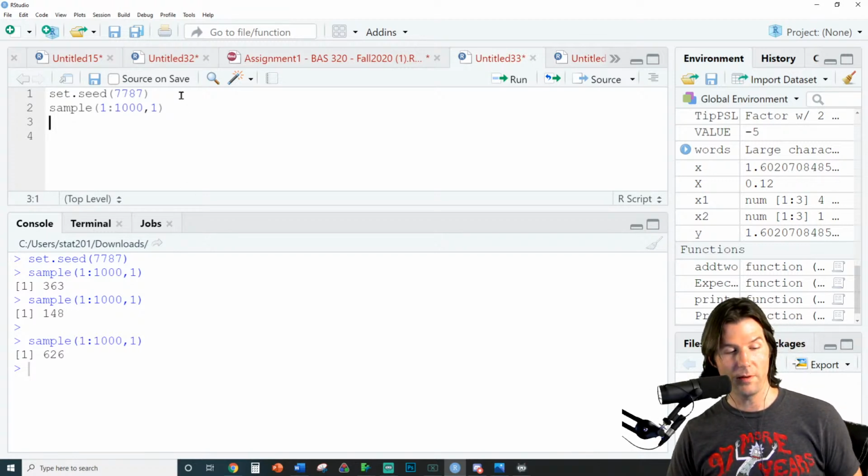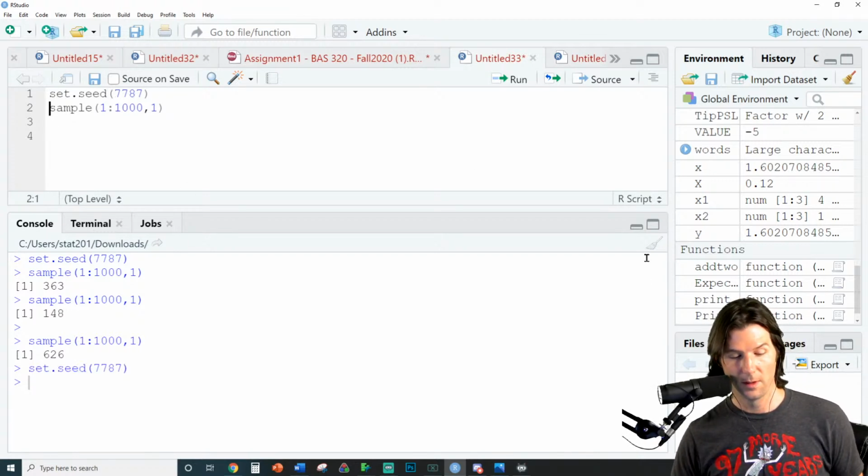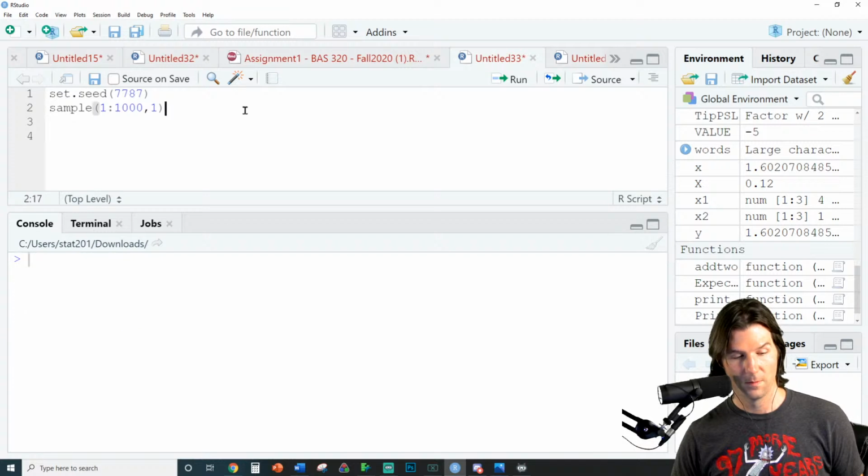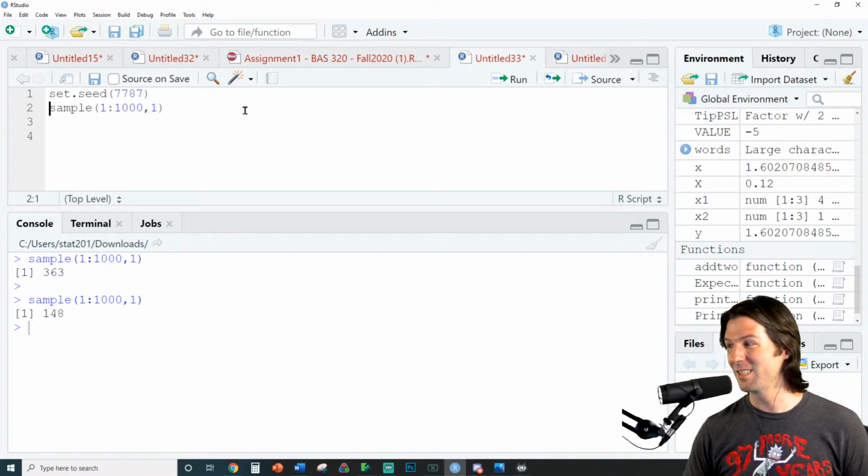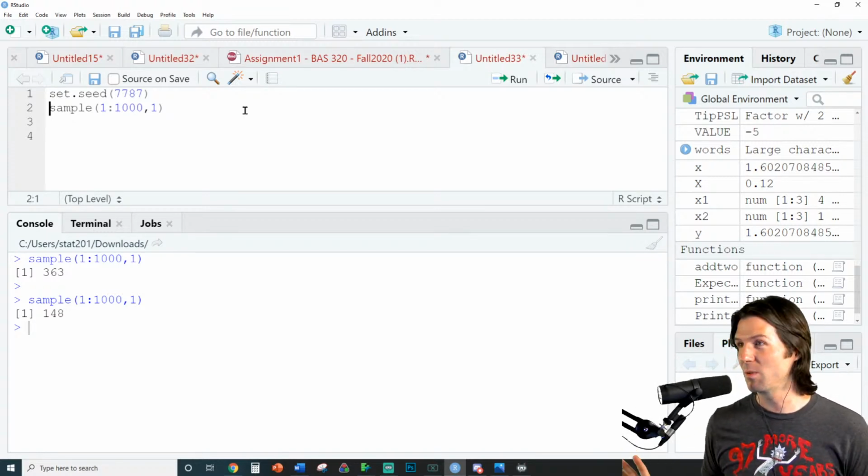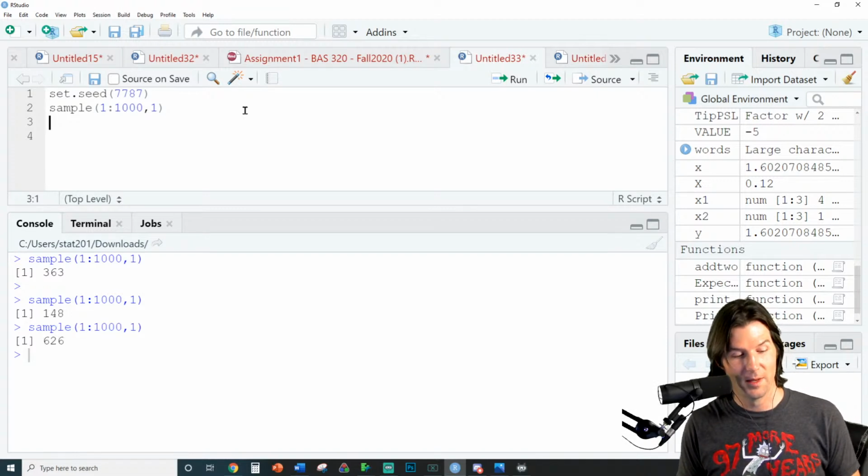Okay, so if I reset the seed right here, watch this. 363, and then 626. Good, we're right. I'm randomly guessing it's gonna be 626. It's a random number, but there we go right there.